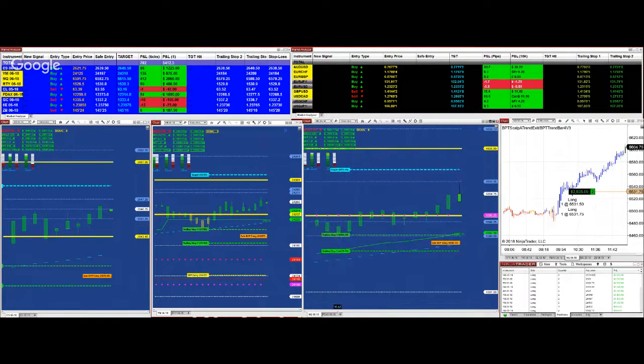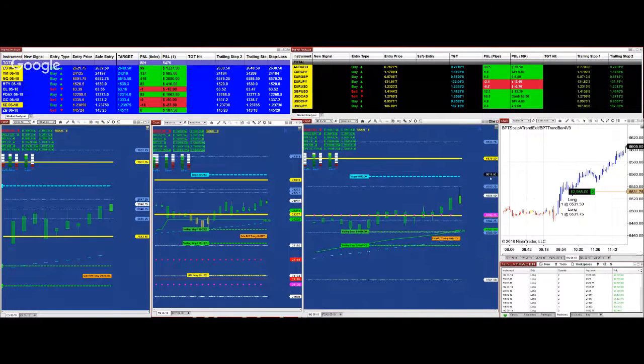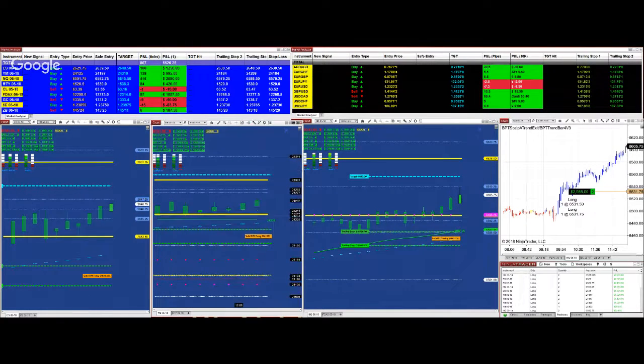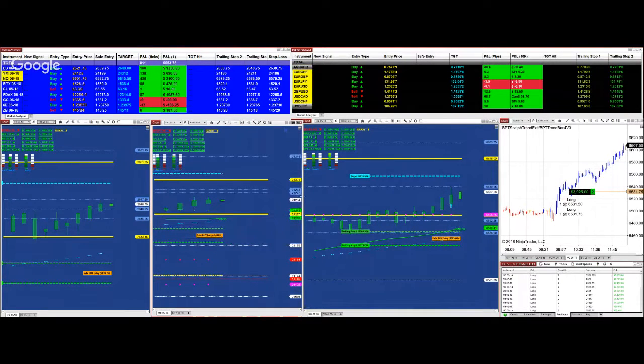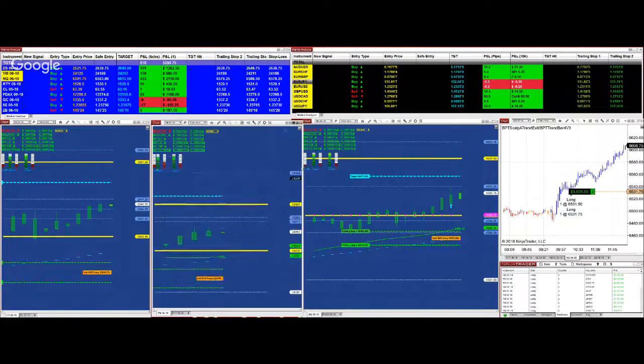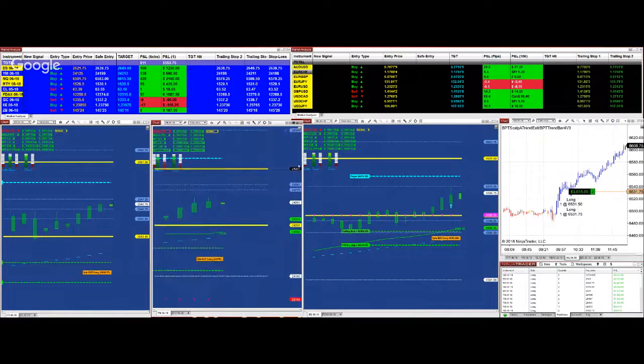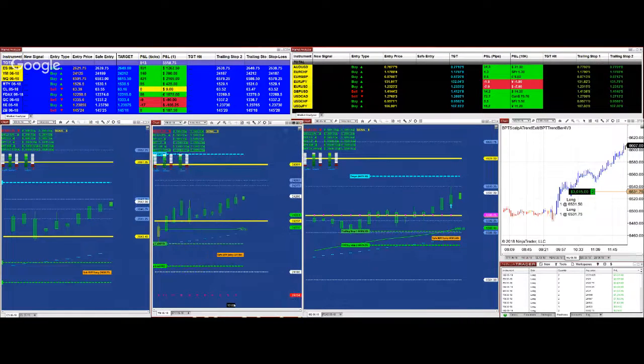Look, I hope you can see it. To the tick. And if we notice the YM, same story on the YM. We have a double resistance as expected. So let's see.